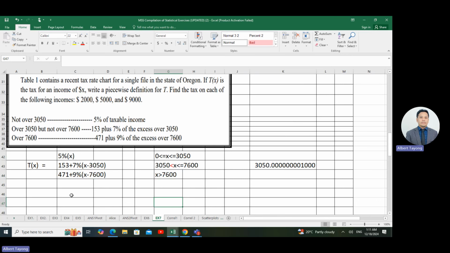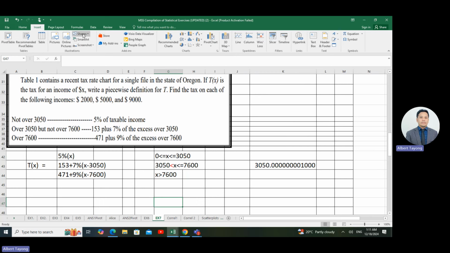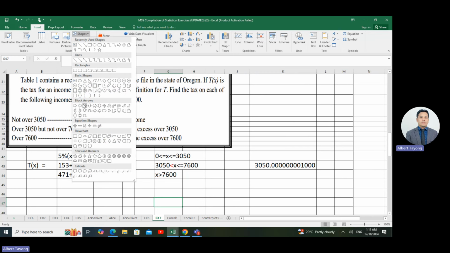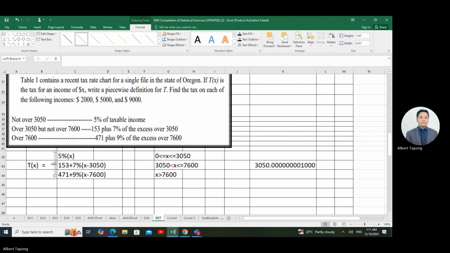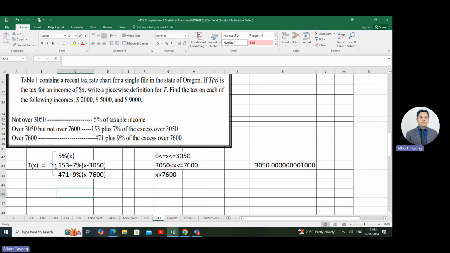That is the condition here. So this is our function. We're going to insert this symbol, because these three functions are combined together. So this is like one whole function.